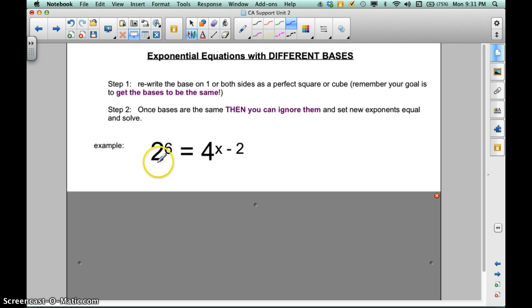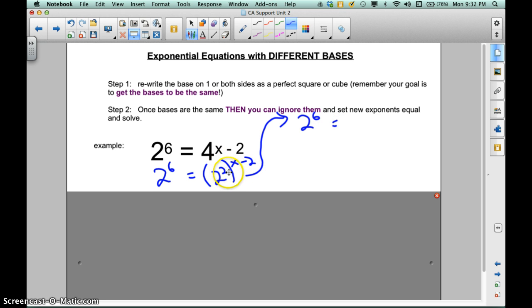All right, I see 2 here as the base. I can't change a 2, but I can change a 4. A 4 is a perfect square, isn't it? So I could rewrite this as 2 squared to the power of x minus 2. Now I'm going to come up here so I have some room. 2 to the 6th, that's okay.